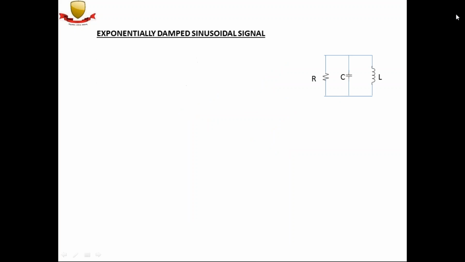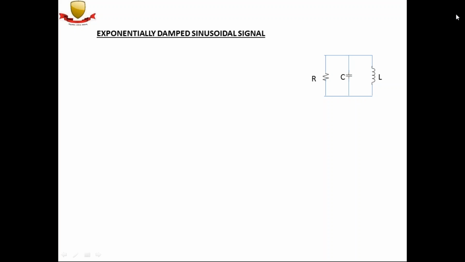Now there is something called the exponentially damped sinusoidal signal. You have already seen decaying exponential signals, right? So what is the case if we combine the decaying exponential signal along with the sinusoidal signal?